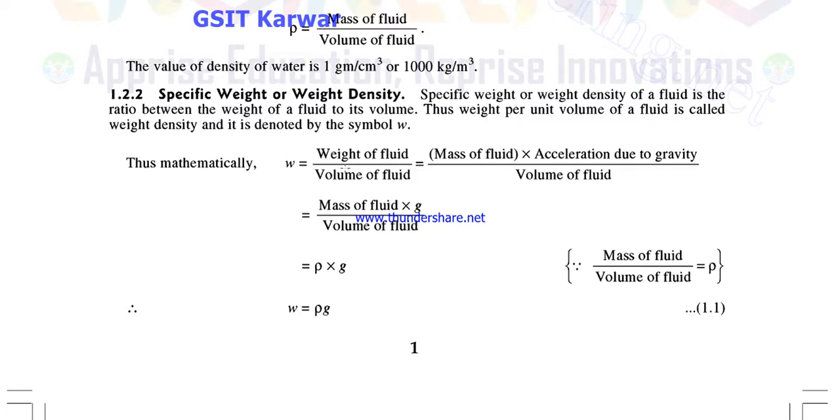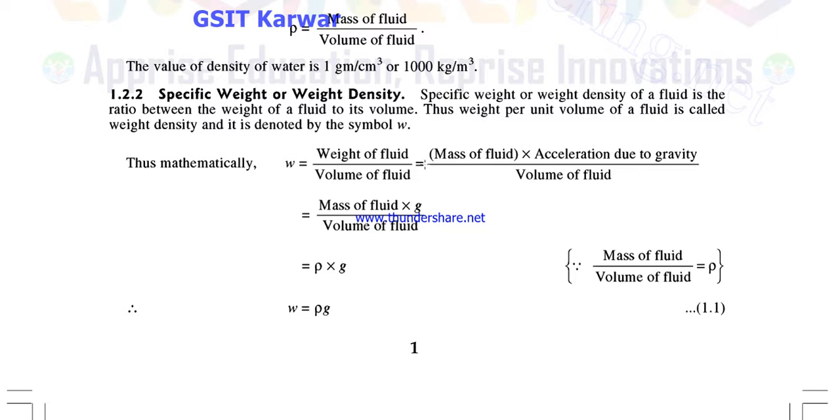If we want to get weight, then we multiply by gravitational force, but we do not multiply gravitational force with mass. When we multiply gravitational acceleration with mass, then you get weight. That is the difference between weight and mass.